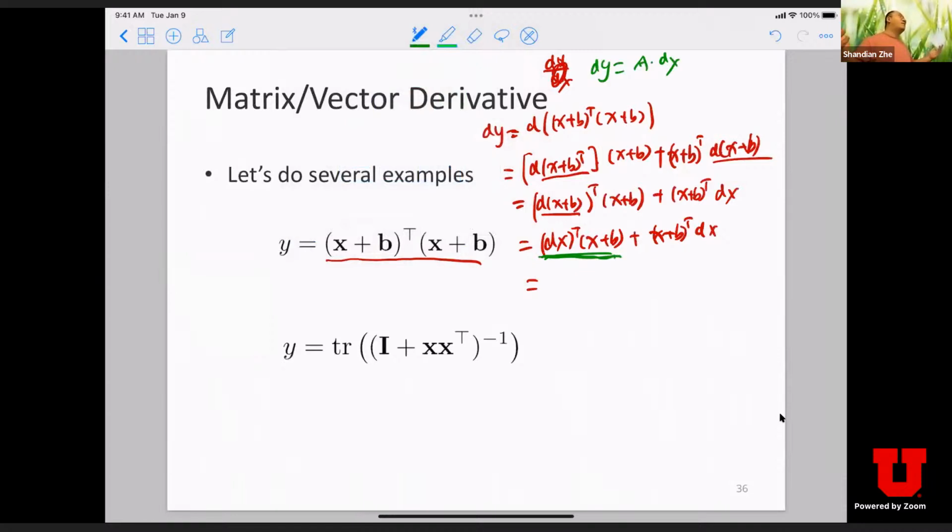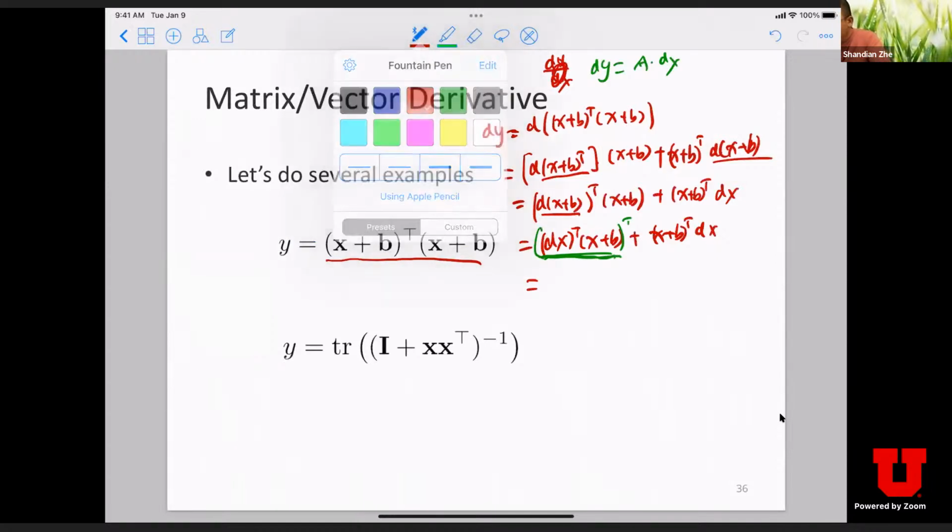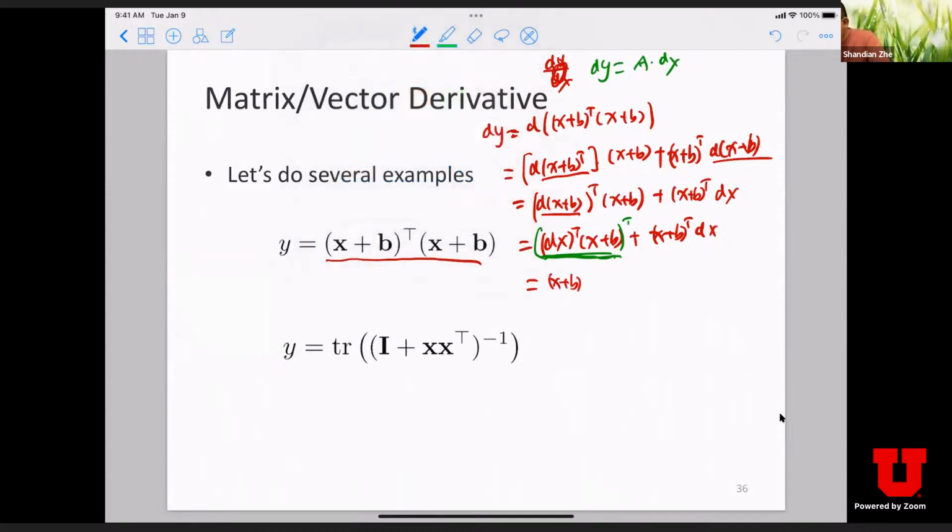If you take the transpose of 3, it's still 3, it won't be negative 3. Similarly, if you take the transpose of this scalar, it won't change. So I can take the transpose there, which gives me x plus b transpose dx. Now you get rid of dx transpose.